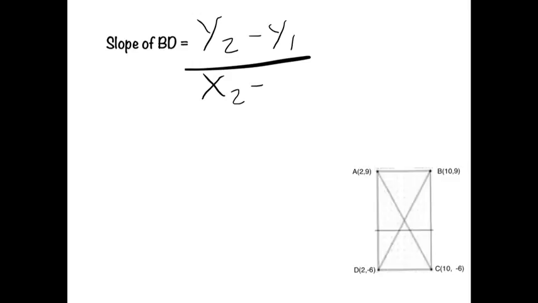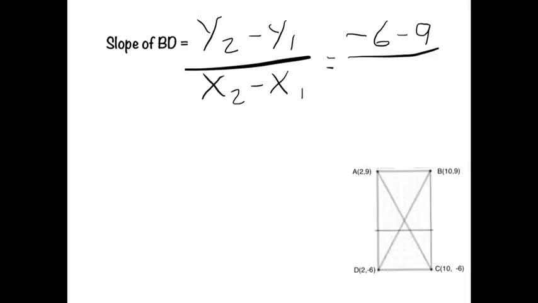So the slope of BD, y2 minus y1 over x2 minus x1. Same formula, again, using point D as point 2. We get the difference in the y's is negative 6 minus 9, a familiar quantity there.